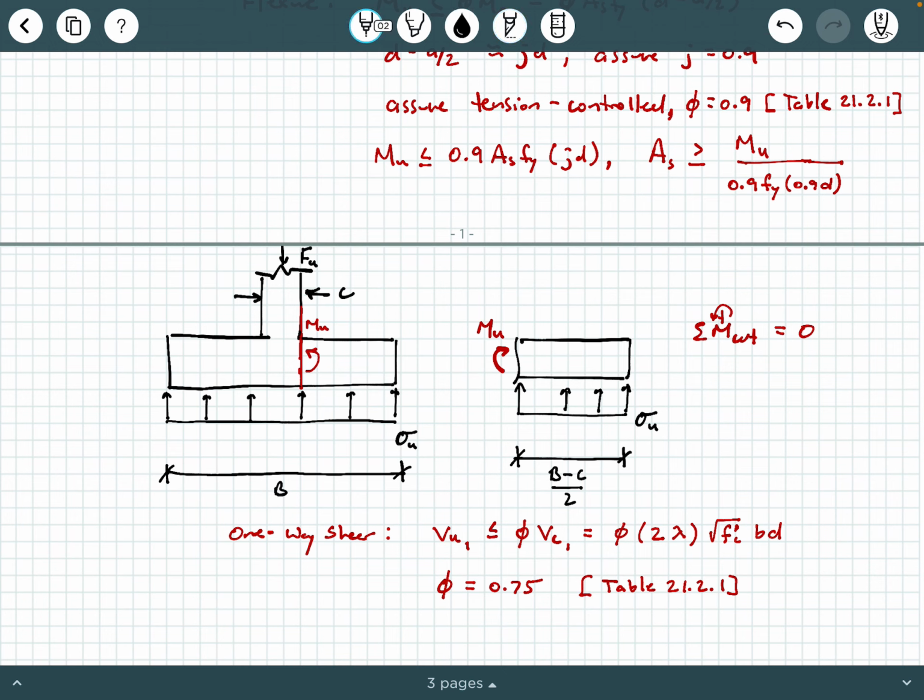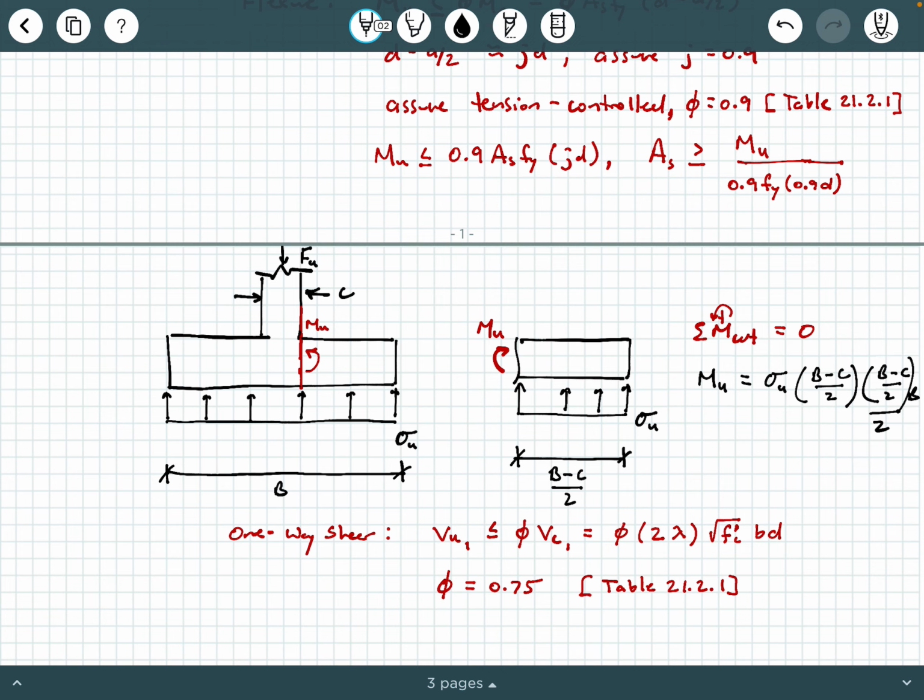And so if I do that, I can end up basically saying, hey, MU is going to be equal to sigma sub u times (B minus C)/2, times (B minus C)/2 divided by 2, and then times another B out here, okay?